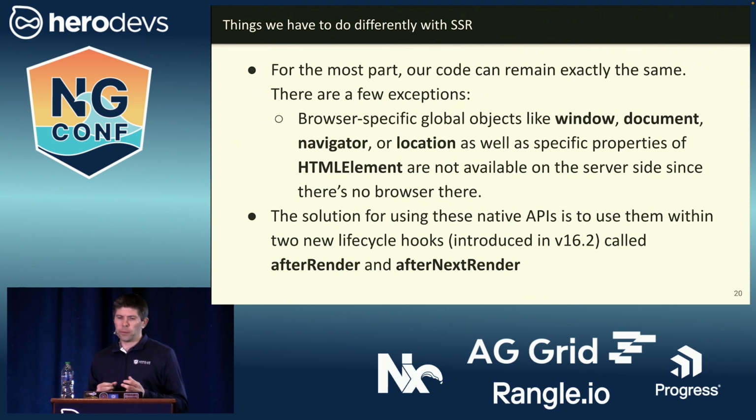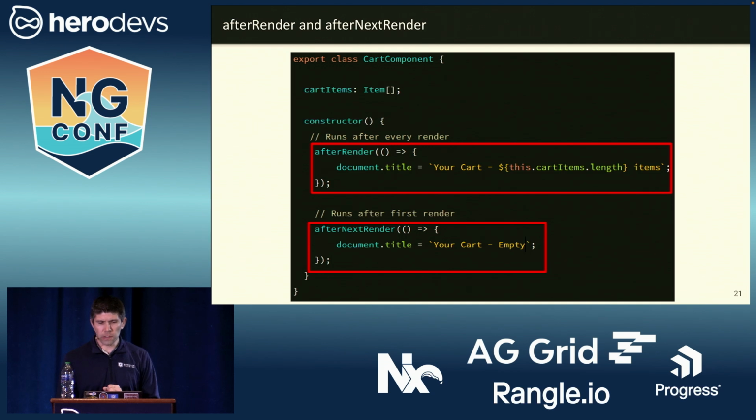So you cannot do that anymore, but there's a plan B. There's an option to do so, and it was introduced in Angular 16.2. These are the two new lifecycle hooks, afterRender and afterNextRender. These two enable us to access these native browser APIs in the browser only. So it's just code that gets ignored by the server when we do server-side rendering.